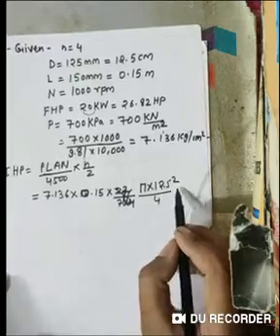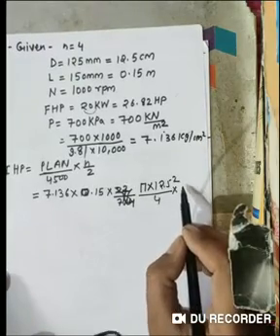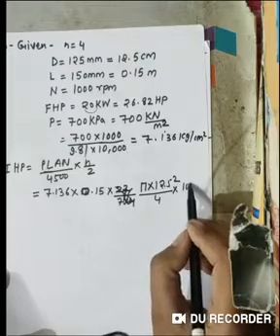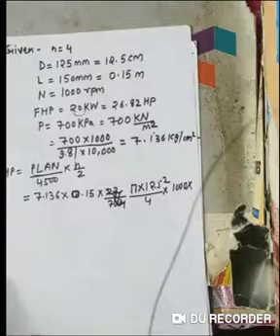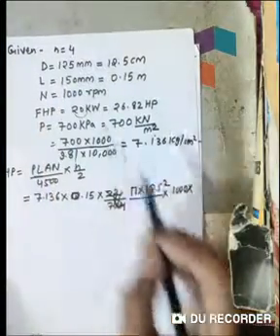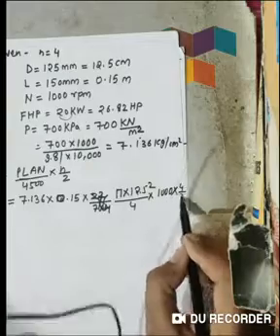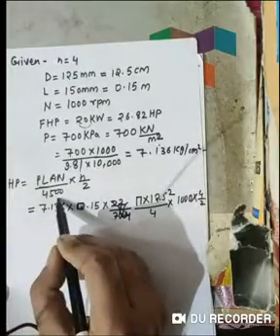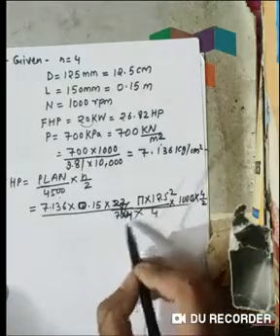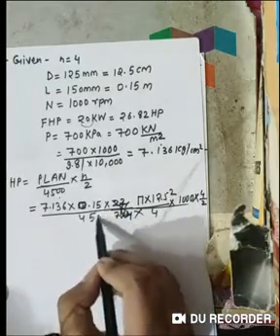Then the value of N is 1000, multiplied by n, and n is 4 for the 4-cylinder engine, so 4 by 2, and it is also divided by 4500.